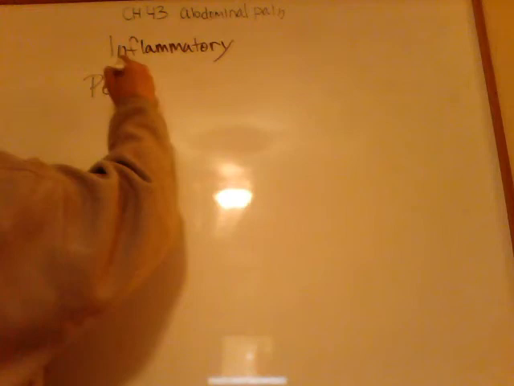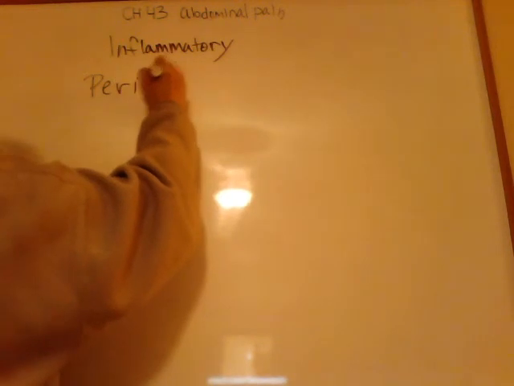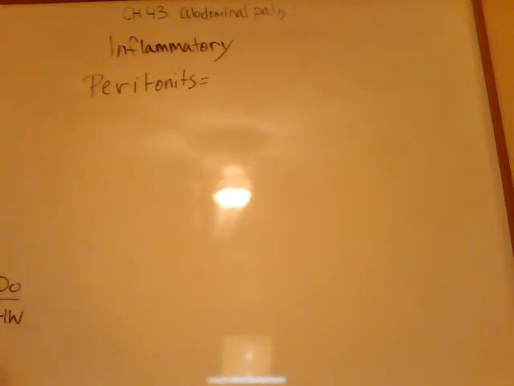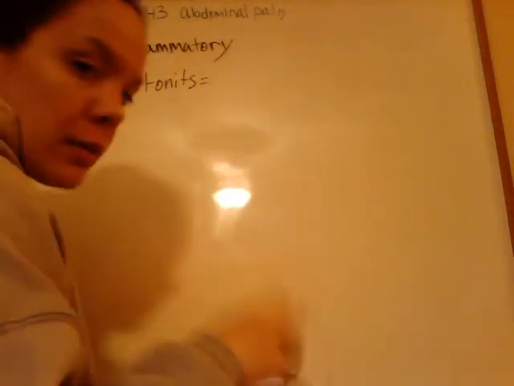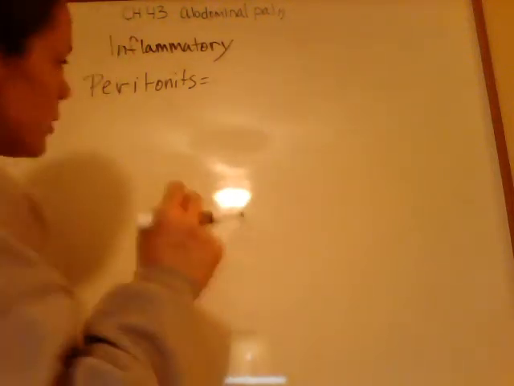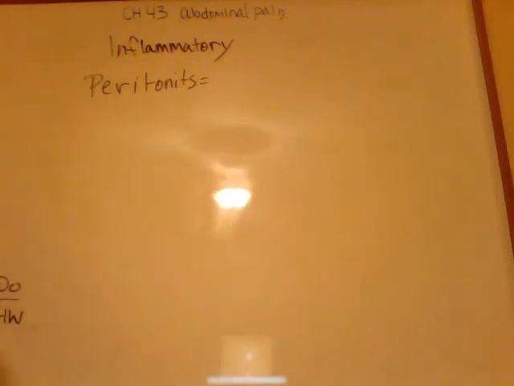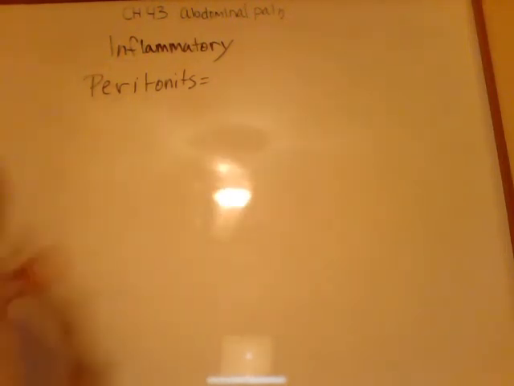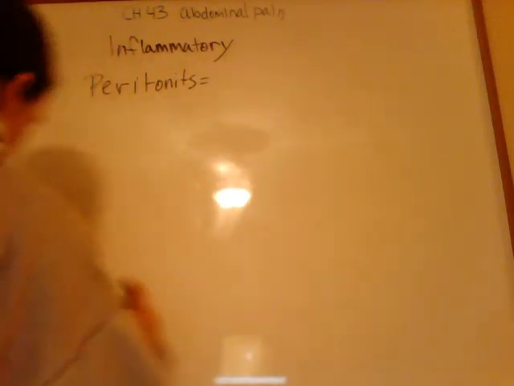We also have, my board keeps moving, peritonitis. Obviously, peritonitis is not good. Anything with a rupture can cause peritonitis. Peritonitis is inflammation of the peritoneum, which is your entire cavity.